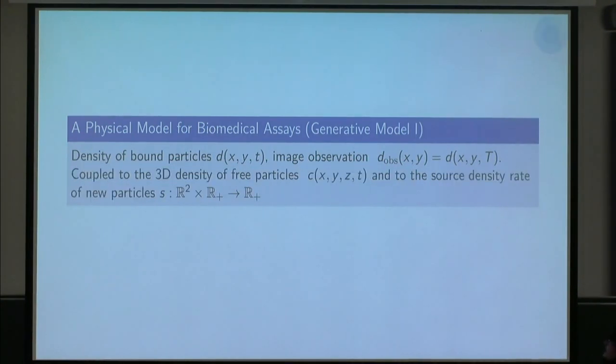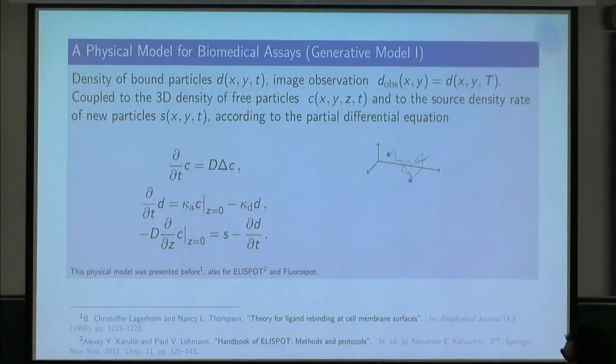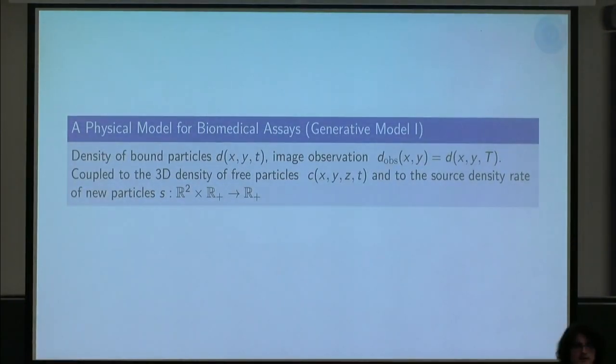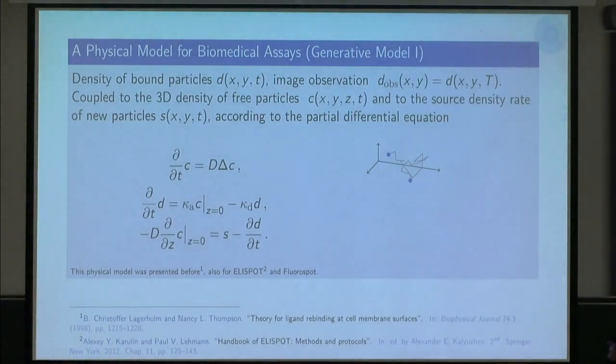And third is the source density rate of new particles being added to the medium by these cells we want to find. It will be spatially sparse in the image domain, of course, because there are few cells compared to pixels. And this will be regulated by this, let's see if I say this right, reaction, diffusion, adsorption, desorption equation.